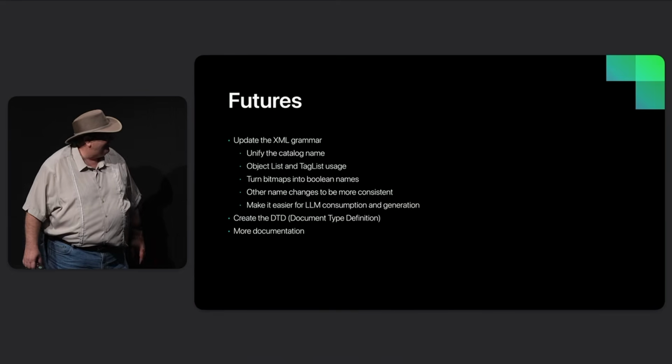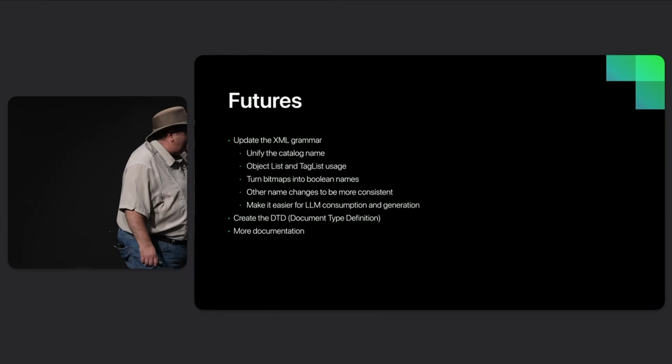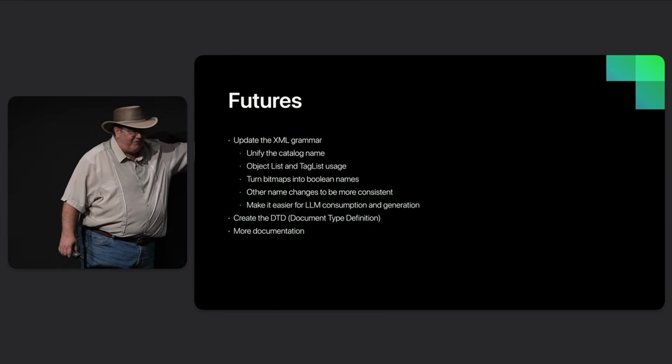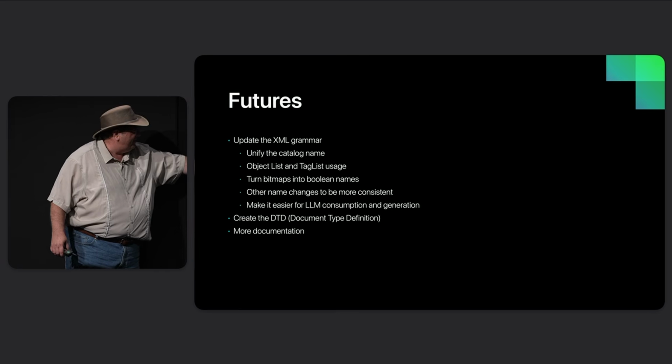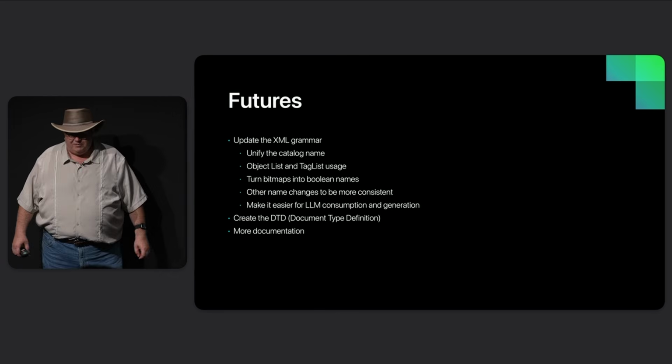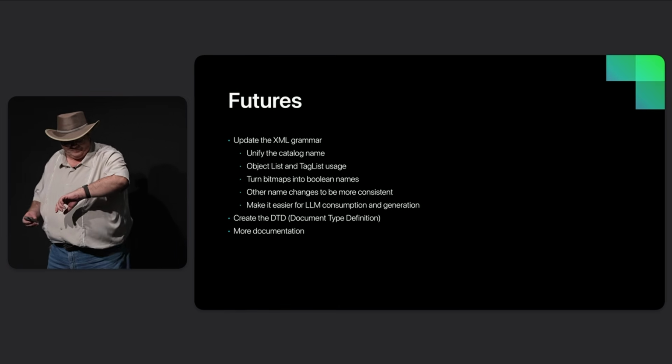It'll be easier if we start with a clean slate version 3. I'm going to make sure that we write the document type definition first, and then implement to it, instead of trying to figure out how to write it from what we currently have. And then also, we want to do more documentation on it.